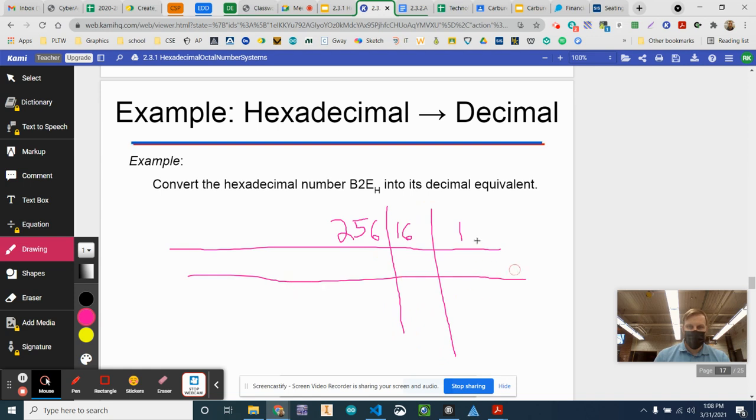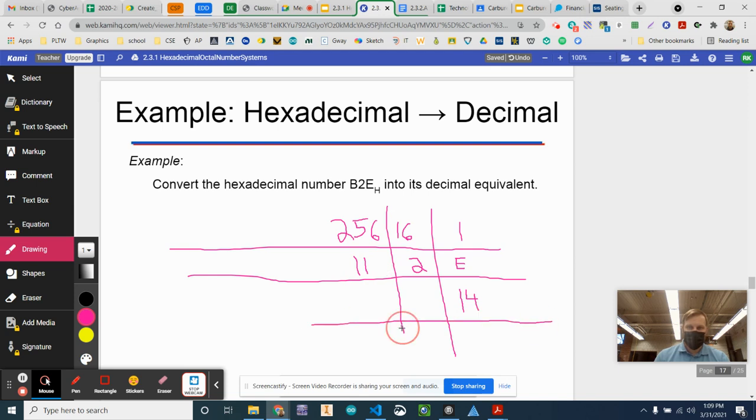Okay, so we've got E, which is really equivalent to what? 14. We've got 2, which is equivalent to what? 2. And we've got B, which is equivalent to 11.